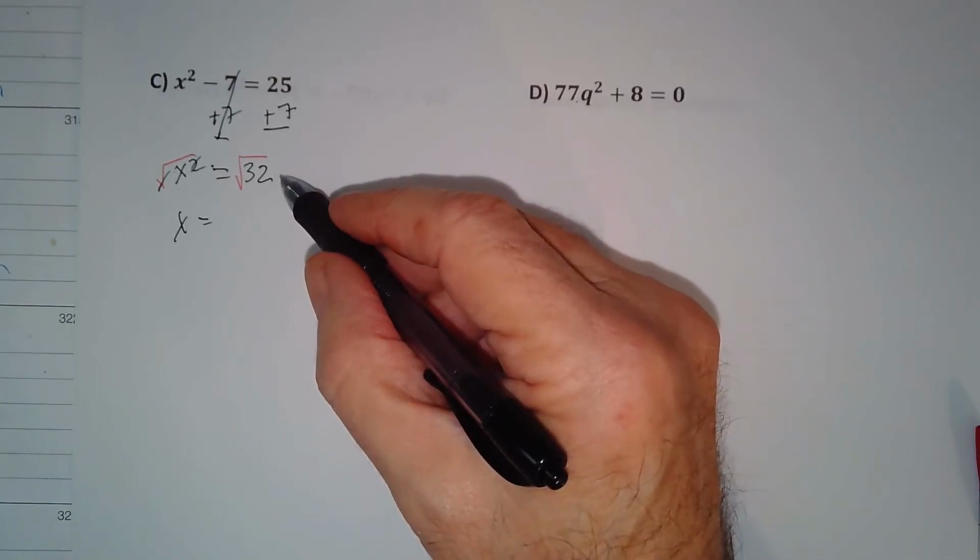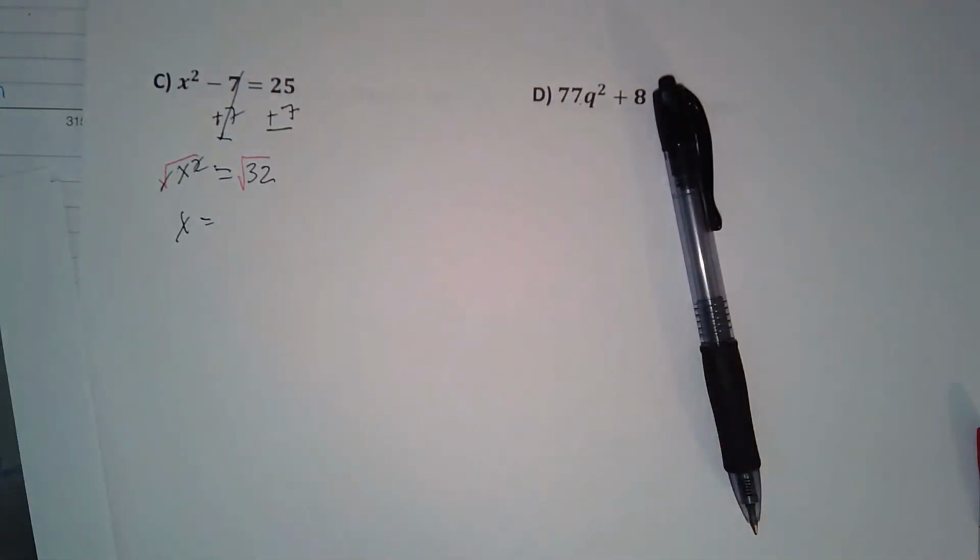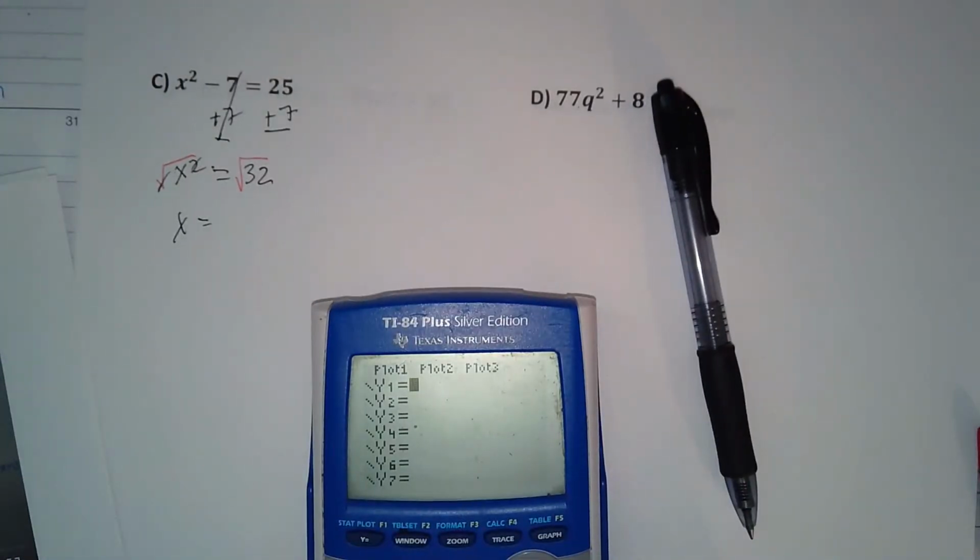Let's see, this is divisible by 2. 2 times, is it 2 times 16? I think so. Let's clear this. So I want 32 divided by 2, and no, that's not what I want.